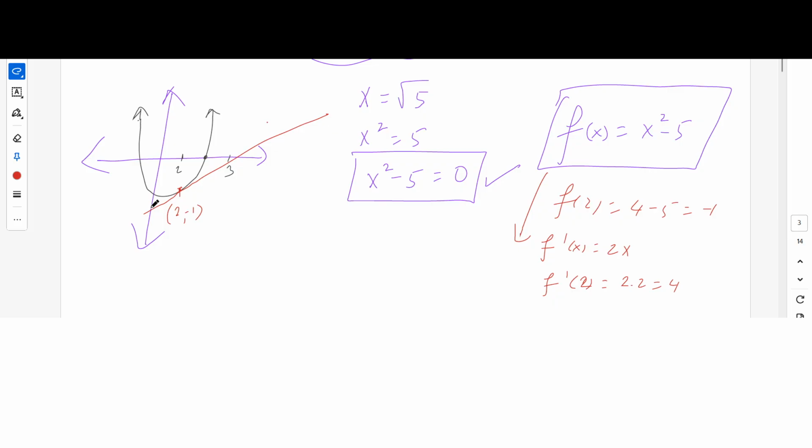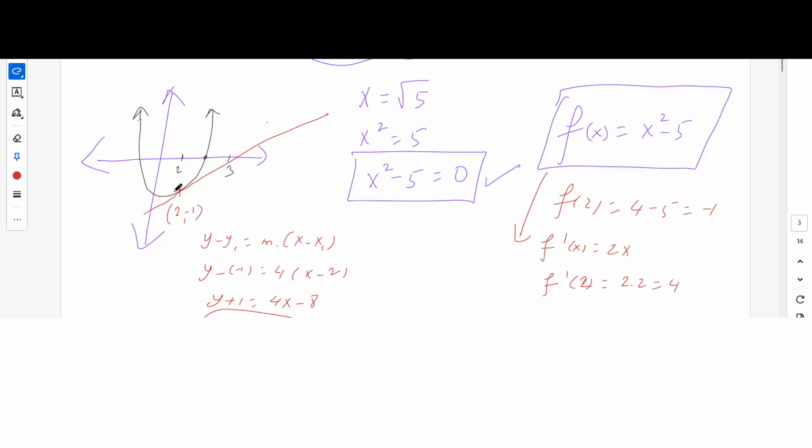So what is the equation of this tangent line, passing through (2, -1) with slope 4? We know the formula is y minus y1 equals m times x minus x1, so y minus (-1) equals 4 times (x minus 2), which gives 4x minus 8. So y equals 4x minus 9. This is the equation of the tangent line.